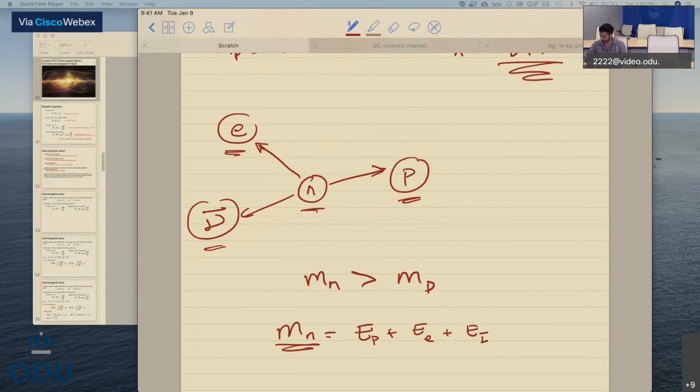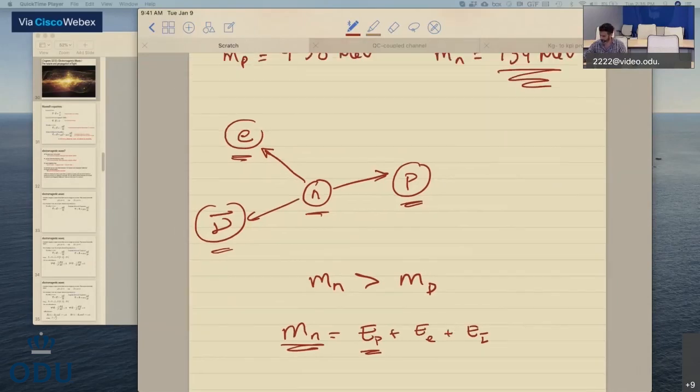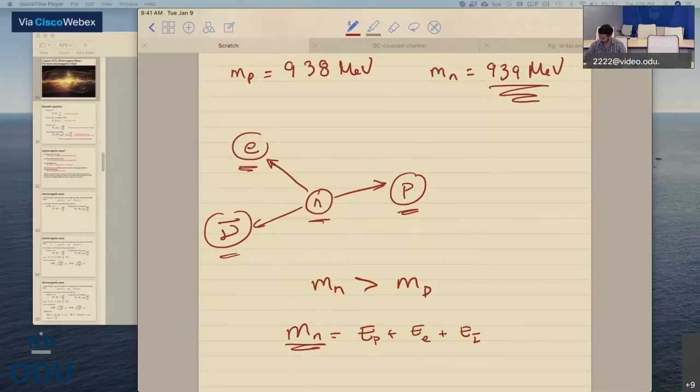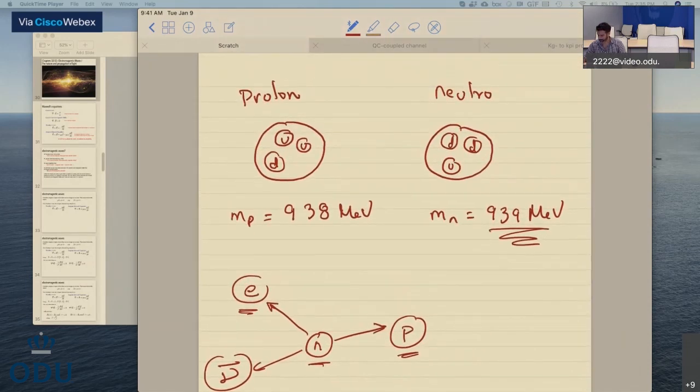And the minimum energy that the proton can have is equal to its mass. So this is always going to be at least the proton mass. Okay? But the thing that is astonishing is not that the neutron is heavier than the proton, but how close this number right here is compared to this number, right?